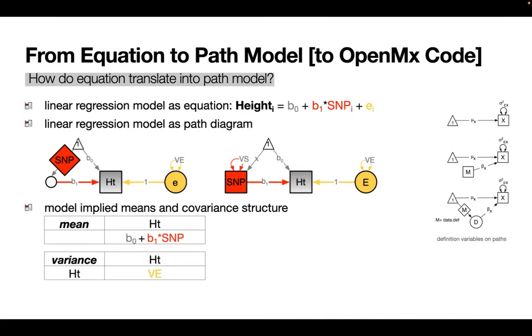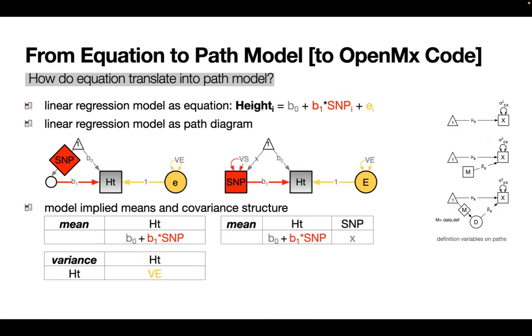Alternatively, we could have specified both the SNP and height as two observed variables, which would then imply that we have to specify the expected means for both height and the SNP. In this case, of course, for the SNP, that is simply x.